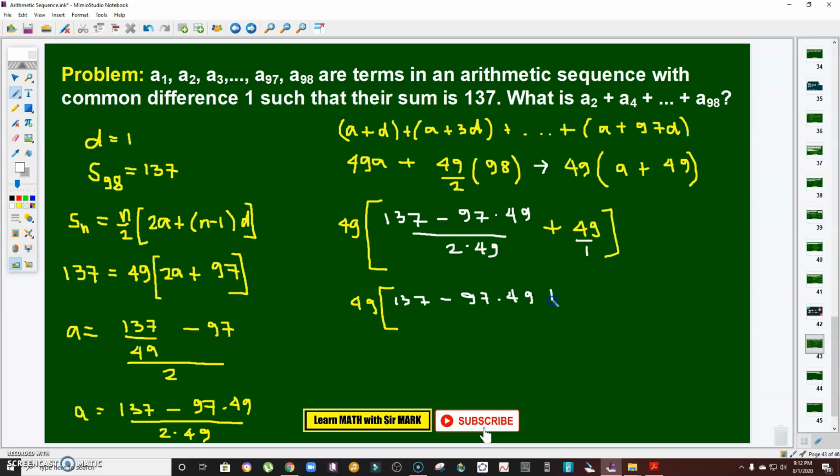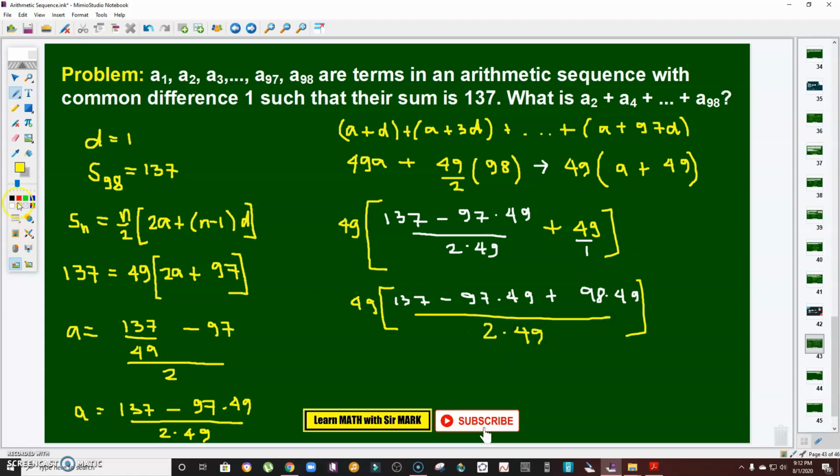That will be plus 49 times, since 2 times 49 is 98, all over 2 times 49.